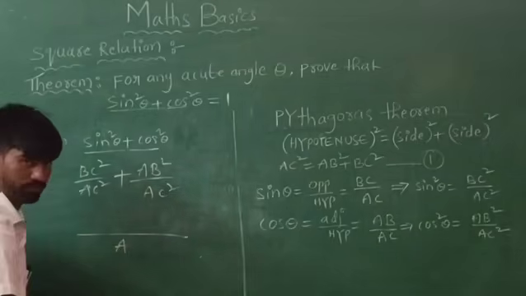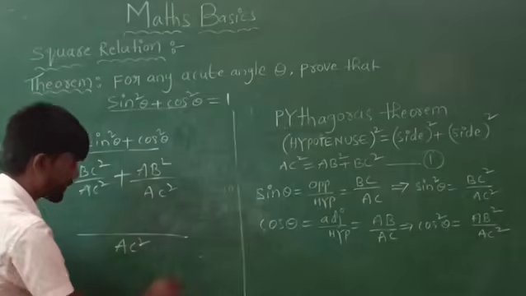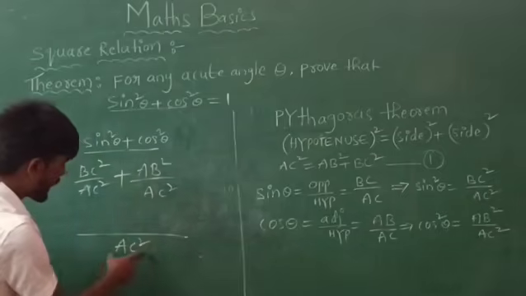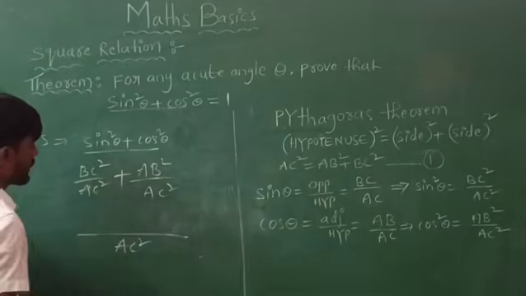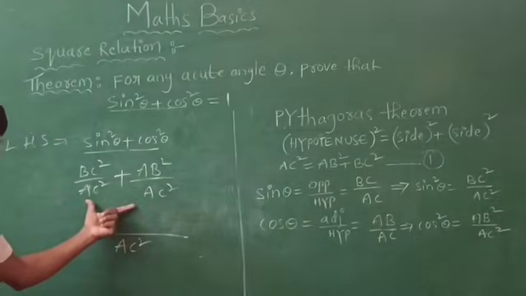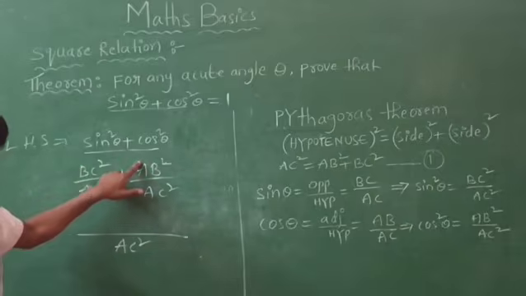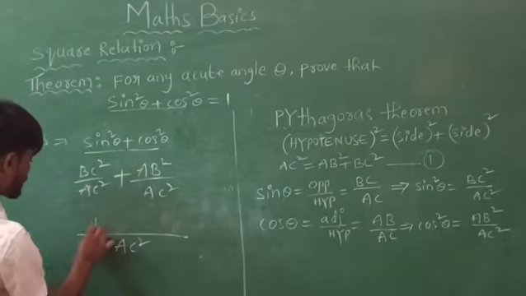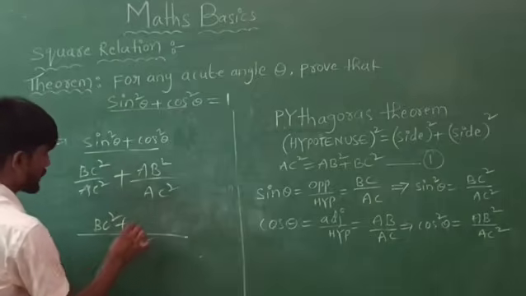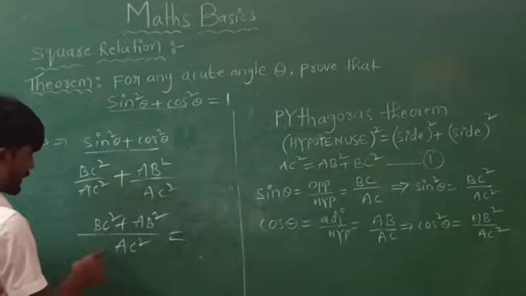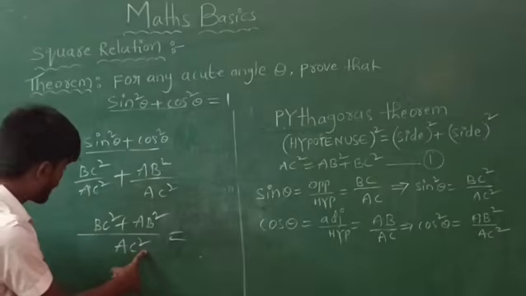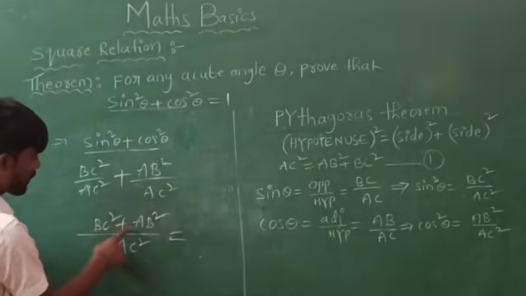Since the denominator is the same, I directly write AC square and add the numerators. So it is BC square plus AB square, all over AC square.